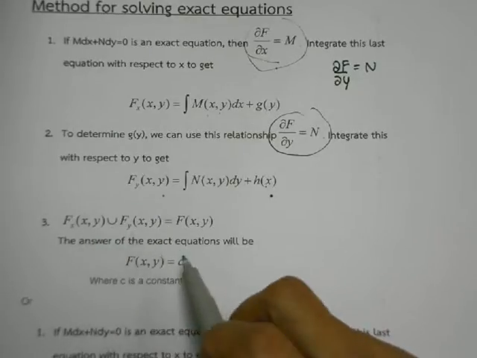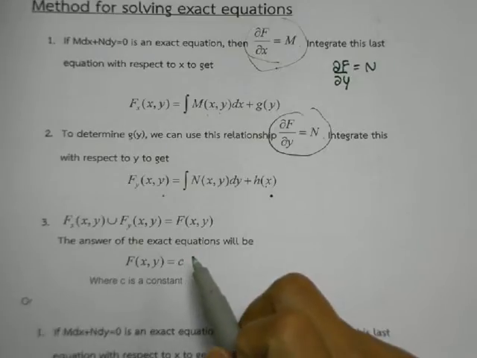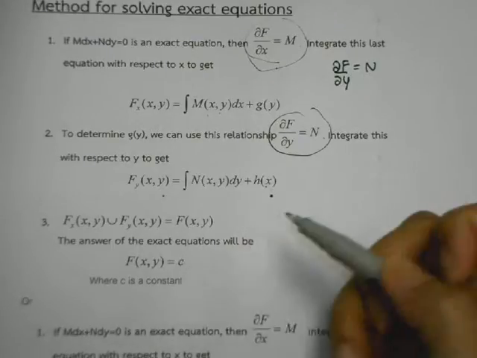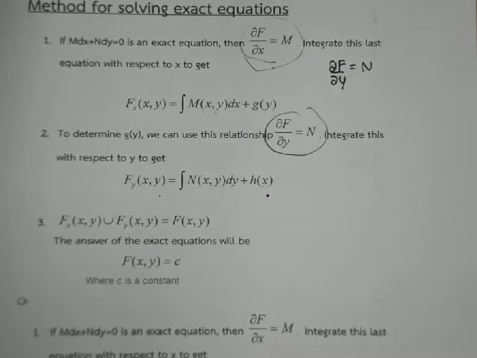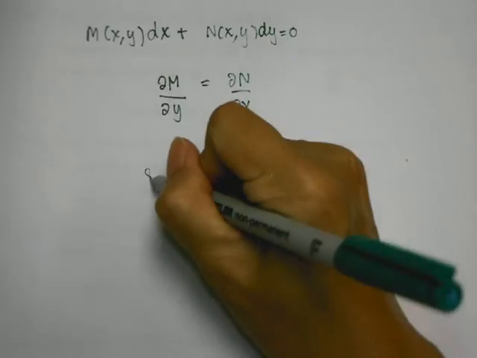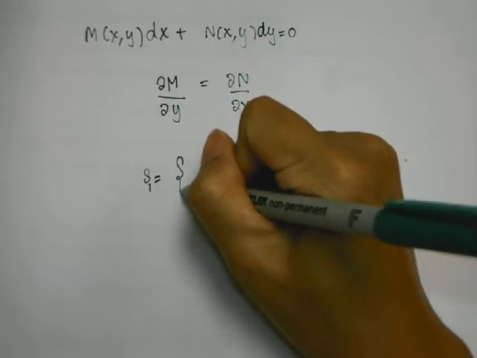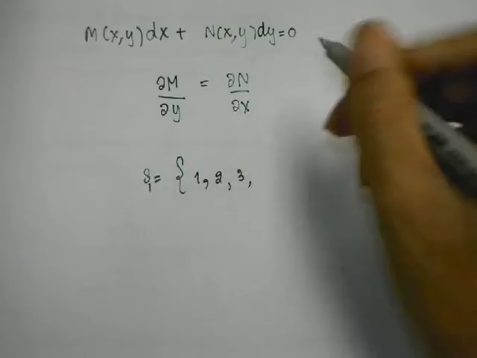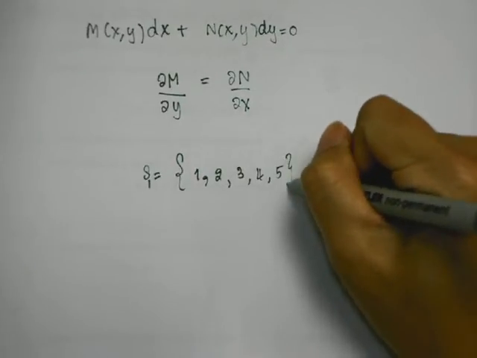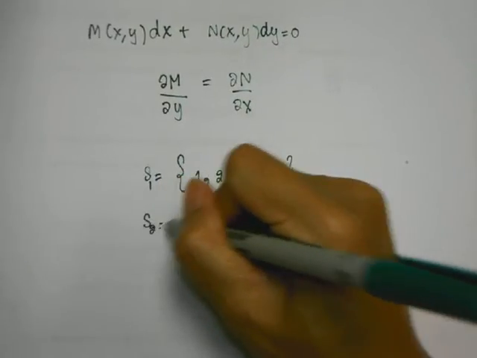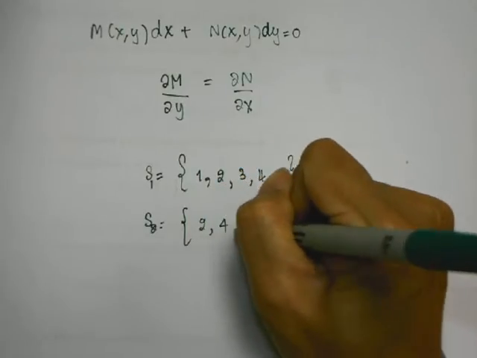Do you know the meaning of union? For example, if you have a set of the numbers 1, 2, 3, 4, 5, and another set 2, 4, 6, 8.